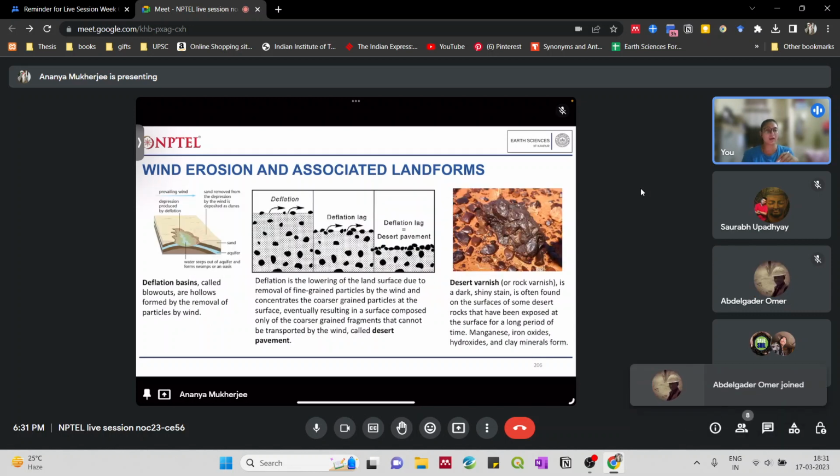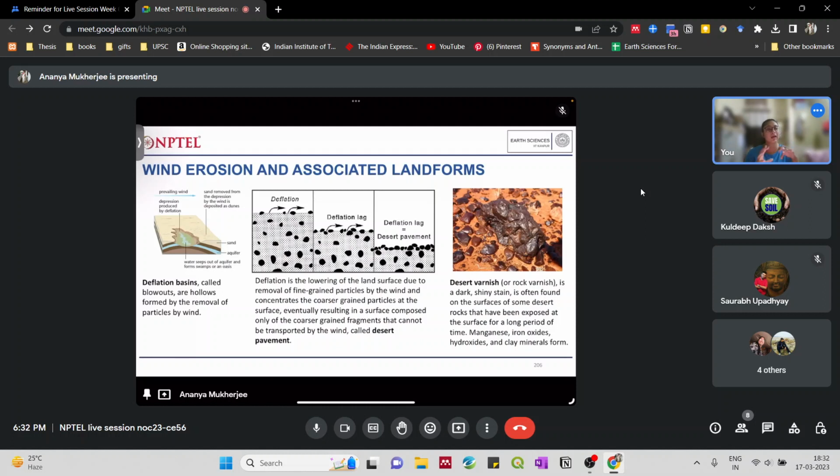Now, since we saw that wind has such active erosive powers, some landforms are very characteristic of these wind erosion processes. As I explained, deflation gives you sand blowouts, where an area has lost the fine particles or sands from one place to another because of the blowing wind.